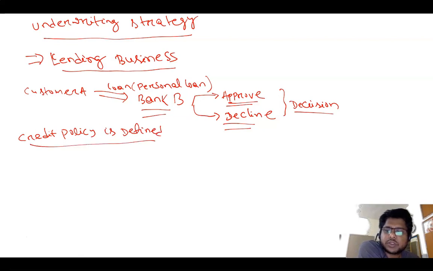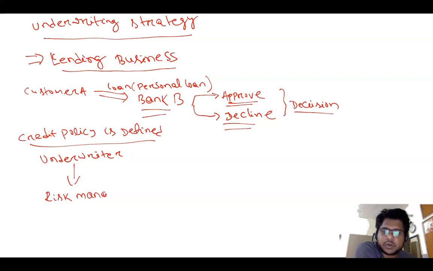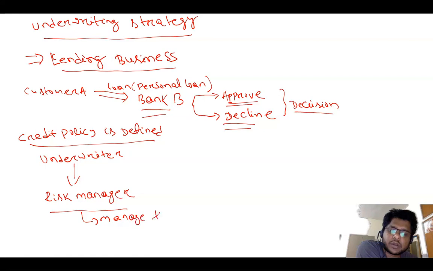And the person who oversees this is called the underwriter. And the person to whom this person reports is called the risk manager. The risk manager has the overall responsibility to manage the risk. Okay, so this is your organizational structure, but let's discuss how you develop the strategy.